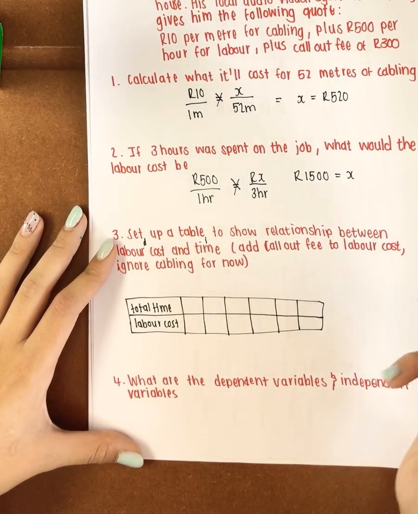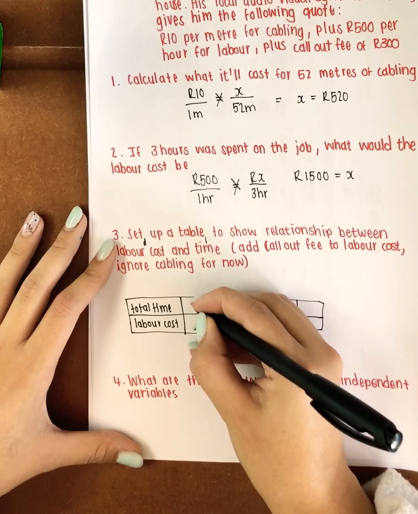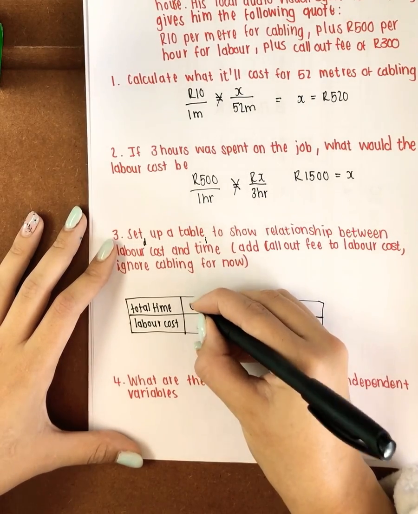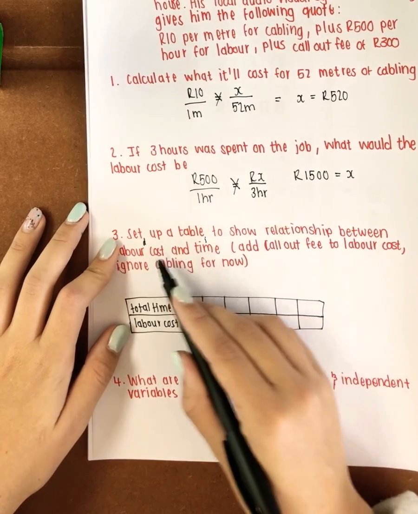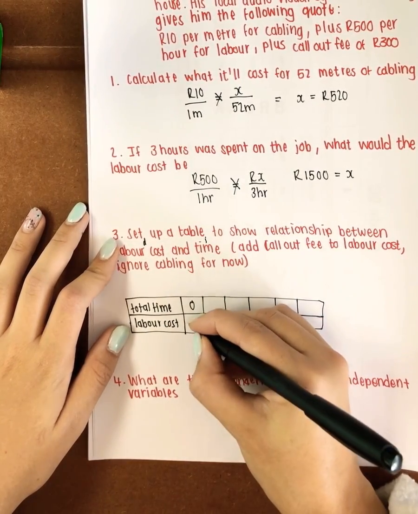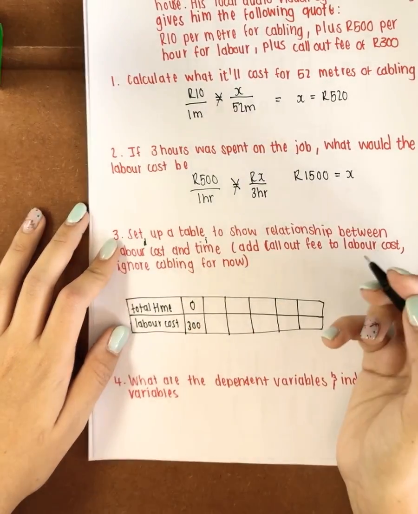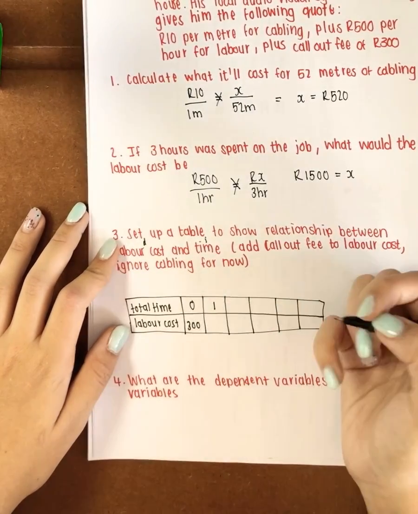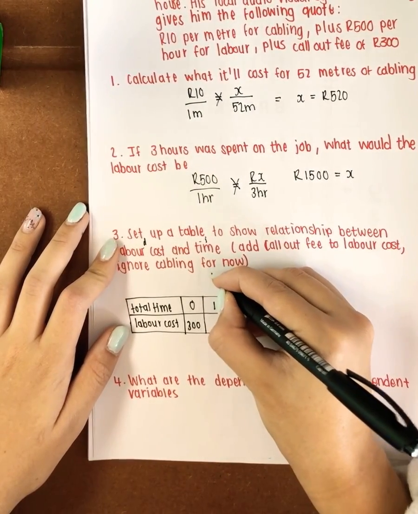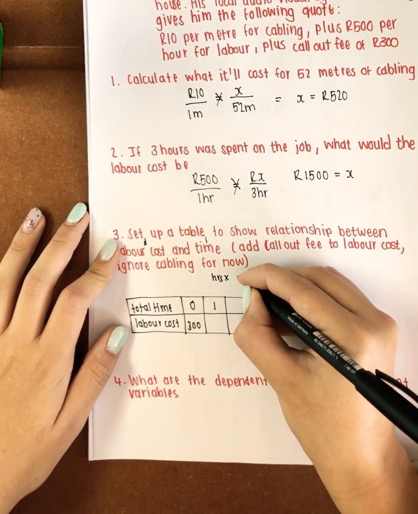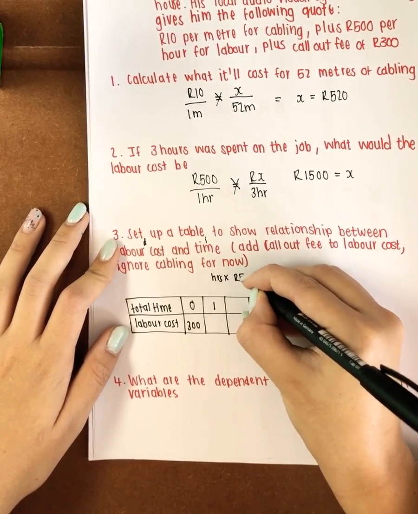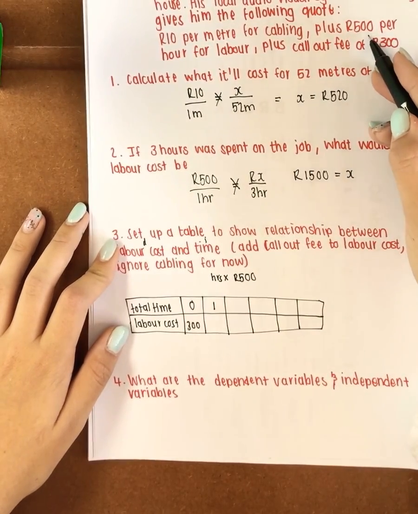Okay, so if I look, if they take 1 hour or 0 hours, let's start with 0. My labor cost will just be the call out fee because there's no labor cost for 0 hours, so it will just be the call out fee. Okay, then if they take 1 hour, remember my hours will be times by 500 Rand because that's my rate, so it will be 500 Rand per hour.